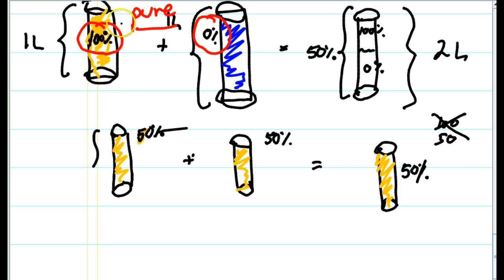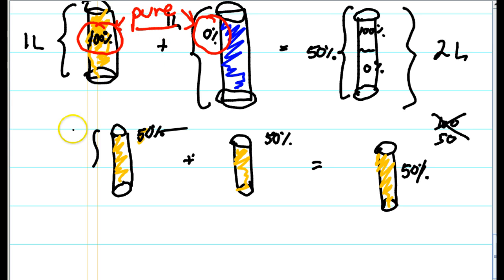So when you're reading a problem, you come across something that says, oh, this is pure juice. You know that means 100%. Or it's pure water. Well, that's 0% juice or 0% something else. So you want to keep that in mind, the word pure. And there's other similar words.